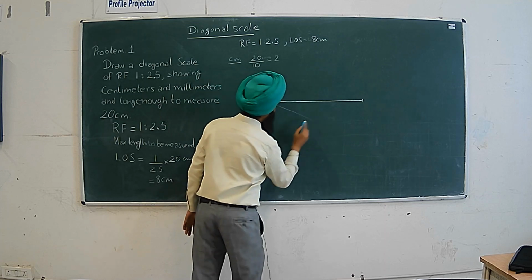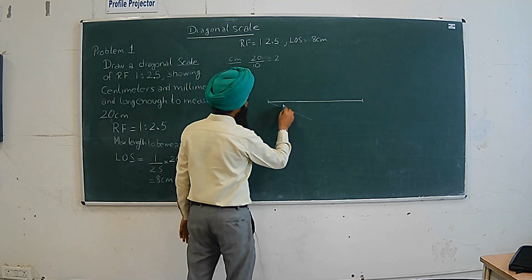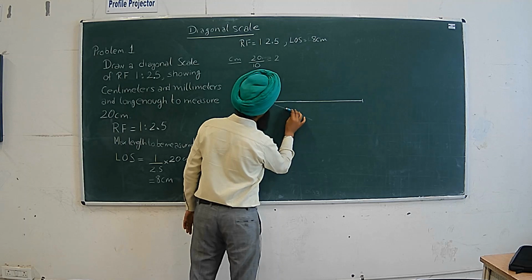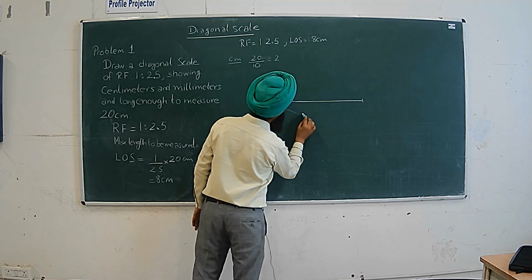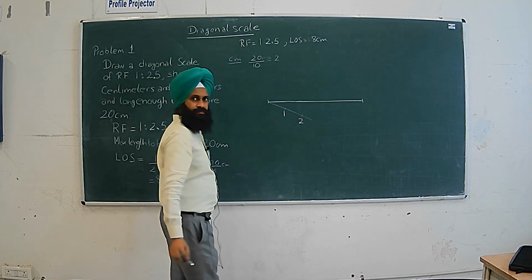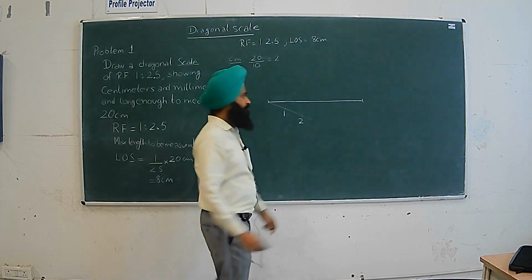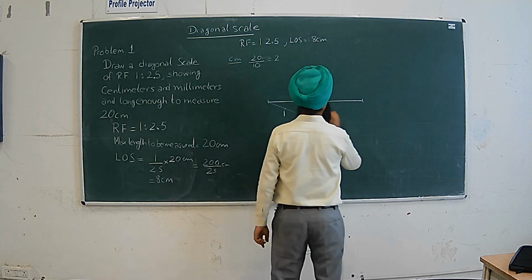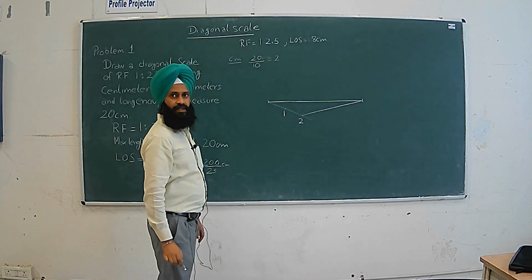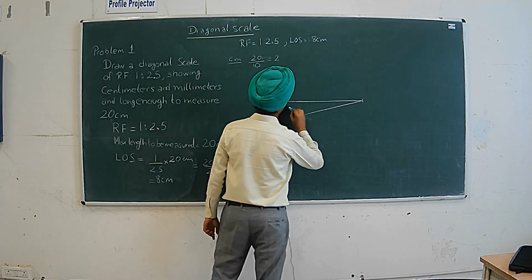So we will divide this line into 2 equal parts. We can draw an acute angle with this line and divide this acute angle into 2 equal parts. So this is first part, this is second part. Join the second part with the end point of the line. Now next step is to draw a line parallel to this line.